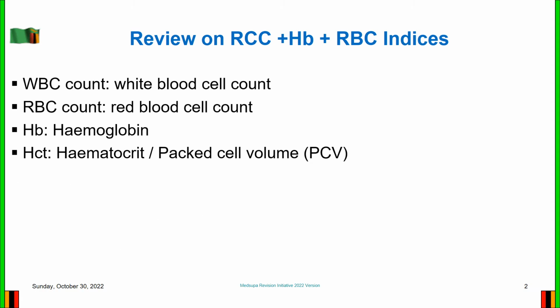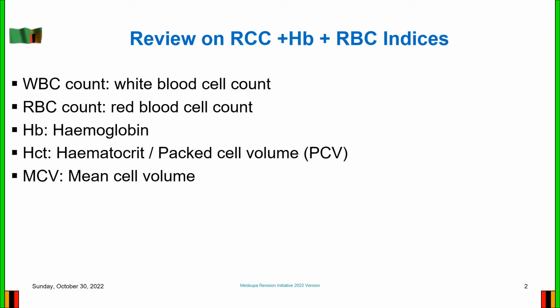Then we also talk about hematocrit, which is also known as packed cell volume. I'm sure you know, if you listened to lecture 1, it's also able to help you calculate hemoglobin. It just tells you the volume that is covered by the red blood cells. Then the other one is the mean cell volume. This is very important.